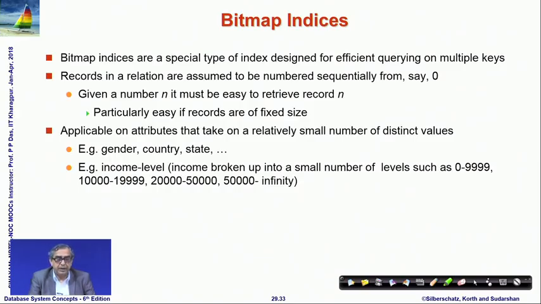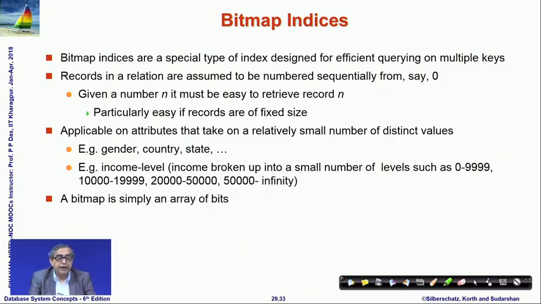So, bitmap indexing is not for any attribute. Consider attributes like gender, which has 2 possible values, or country, state. Or maybe you can nominally bucket a range of numbers also, like 5, 6, or 10 income levels. So, a small range of possibilities.